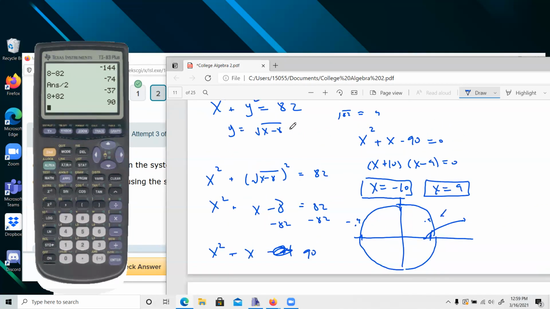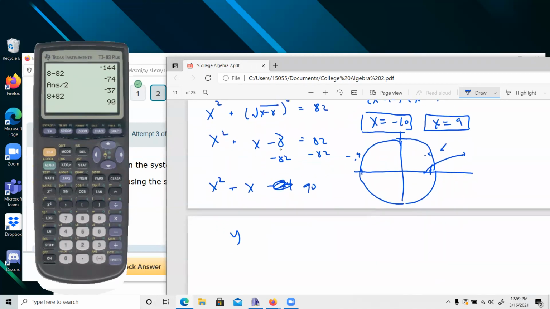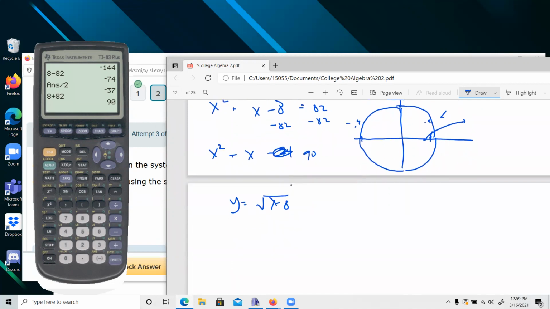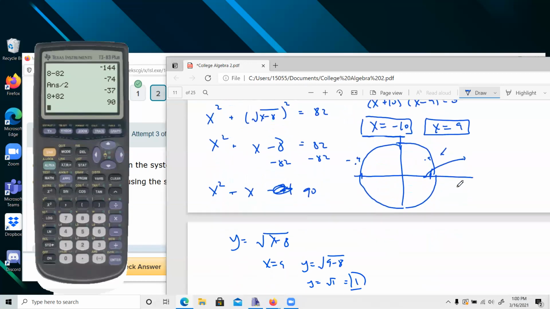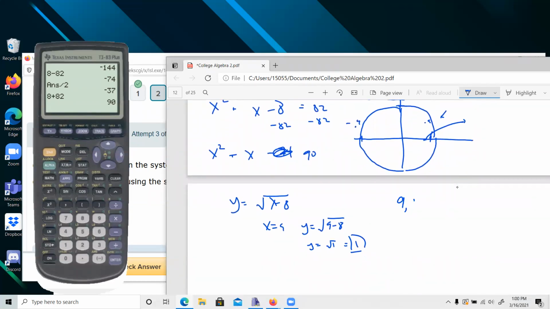Well, if x equals 9, then y is equal to the square root of 9 minus 8. Y is equal to the square root of 1. Again, I know it's in the first quadrant. I don't have to mess with anything else. So my solution here is x is equal to 9, y equal to 1. That's my solution.